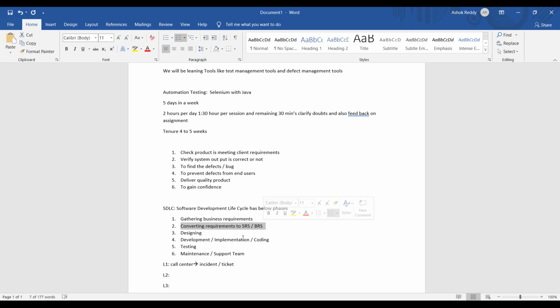Maybe some requirements that the client is asking for may not be possible, and we will not convert them into SRS, like the color, or the power going off and it should restart immediately. The client may come up with a lot of requirements. We need to analyze the requirements and make sure that whatever we can implement, we put only that in the SRS document or BRS. Don't put everything the client is asking for.